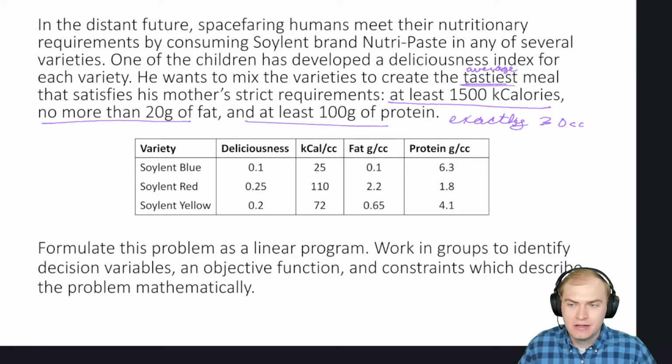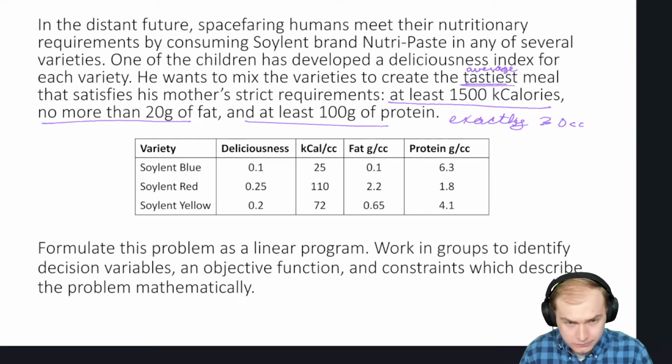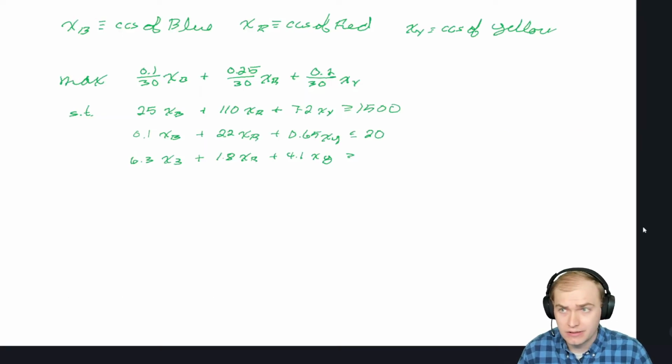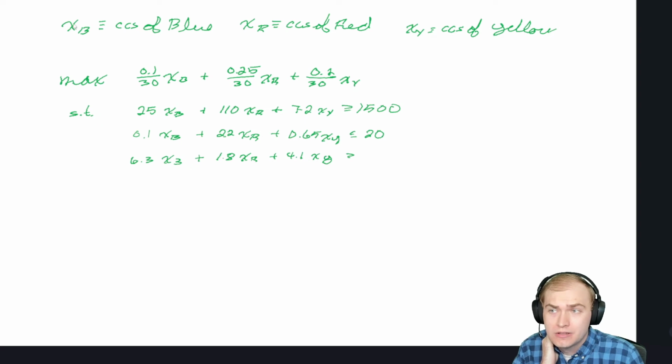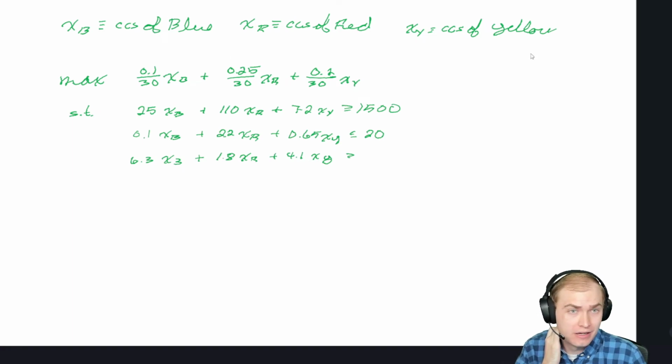In this case, he wants to know how many cubic centimeters of each variety of Soylent he wants to mix together. And maybe I didn't make that super clear in my problem statement. So my variables look like this up here. I had x sub b defined as the cubic centimeters of blue, and x sub r and x sub y for red and yellow respectively.